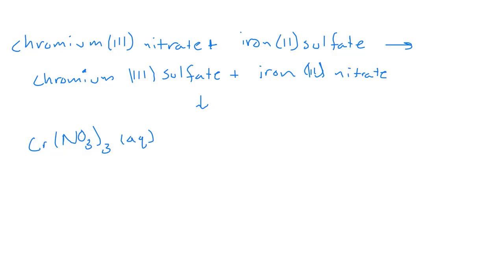So these were aqueous, plus, what about iron sulfate? Iron is a +2 charge. How many sulfates do we need? 1. Exactly. This is going to be aqueous again as well. Yields. What about the next one, chromium 3 sulfate?